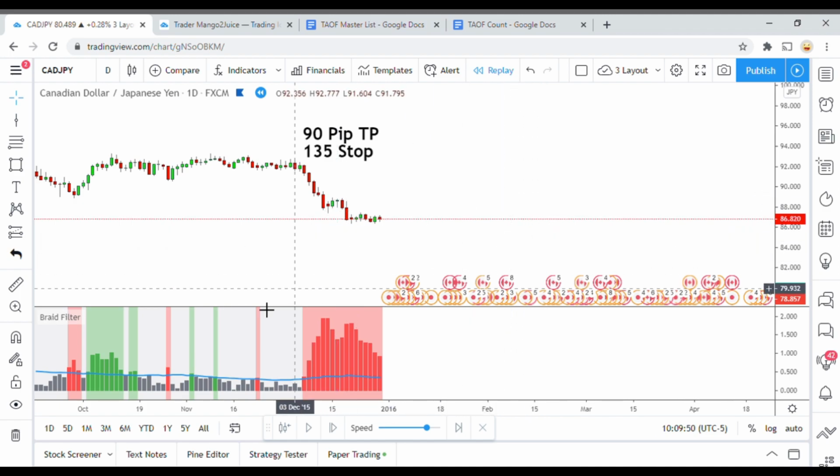Anyways, back to the Braid Filter. Like I said, it's pretty simple. Red is a short, green is a long, and that's how we're going to be testing it. You can see that the candles have to break above this blue filter line to be considered a signal. Anything under that blue filter line is kind of a ranging market.